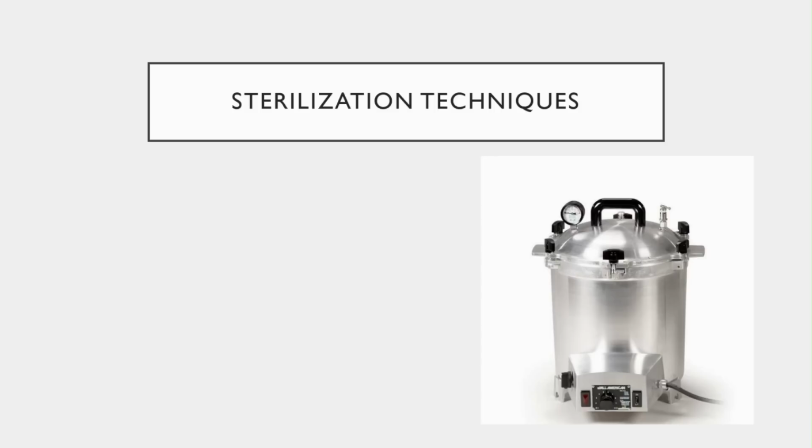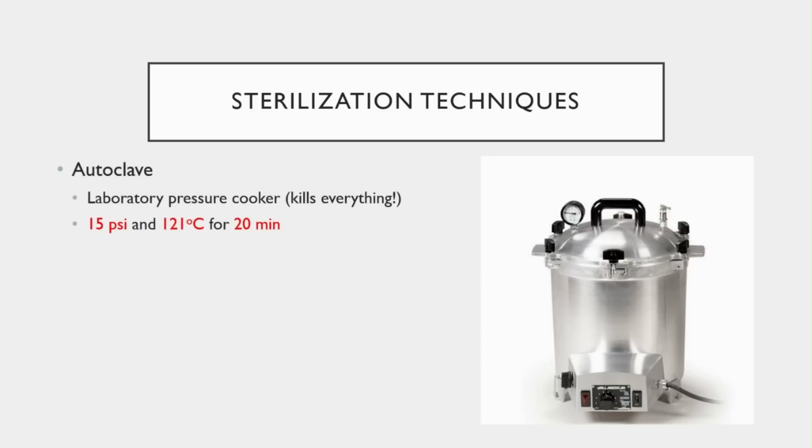In order to accomplish this, scientists need to heat the solution up to 121 degrees Celsius for 20 minutes. So, in order to get it up to 121 degrees Celsius, it needs to exceed the temperature of boiling water, which is 100 degrees.